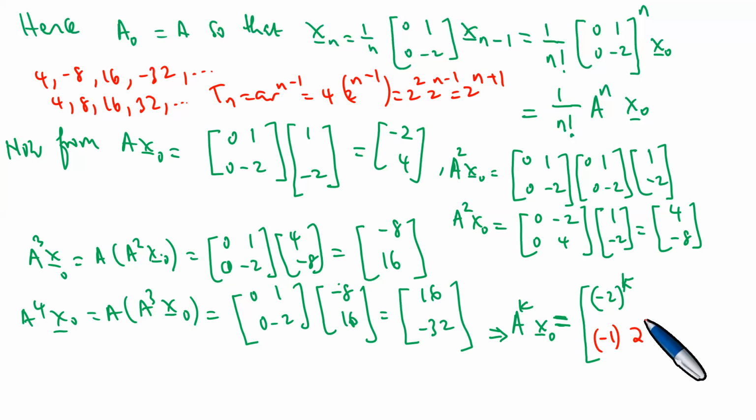But what power can we put on the minus 1 to take care of the alternation part? At 1, let's put k plus 1 and see what happens. Okay? Because if you put 1, then it's going to become plus. At 2, it's going to become 3, which is minus. At 3, it's going to become 4, which is plus. At 4 is going to become 5. We're good. So this is it. This is the general formula that we want.